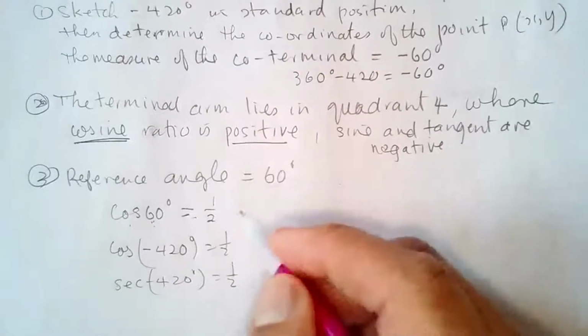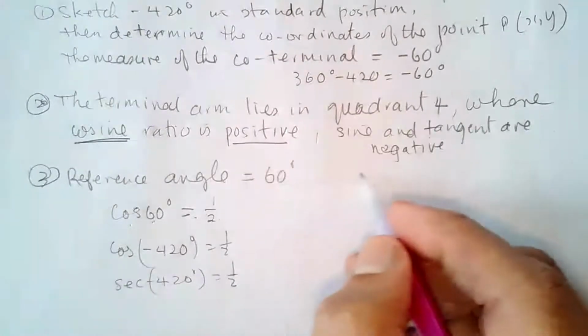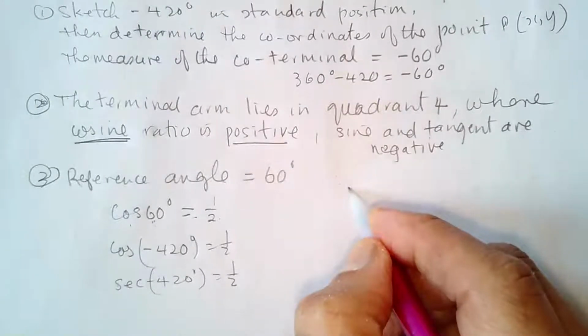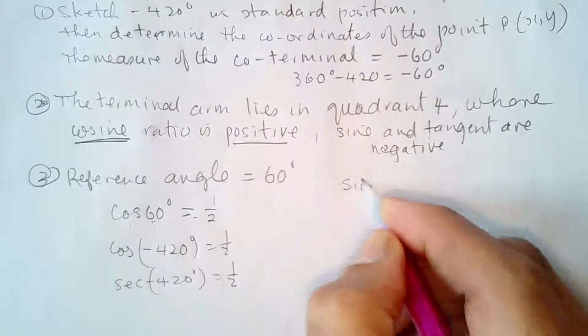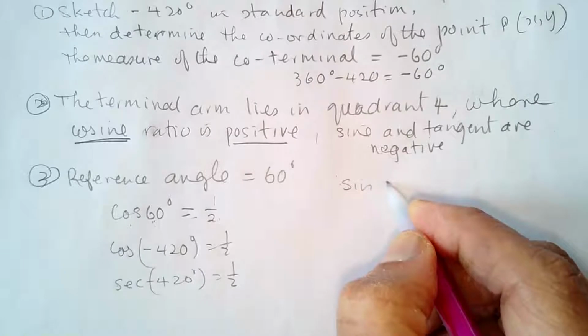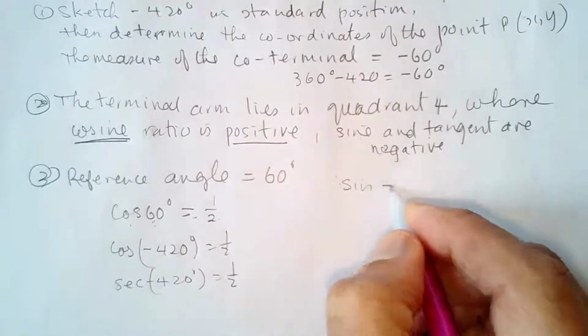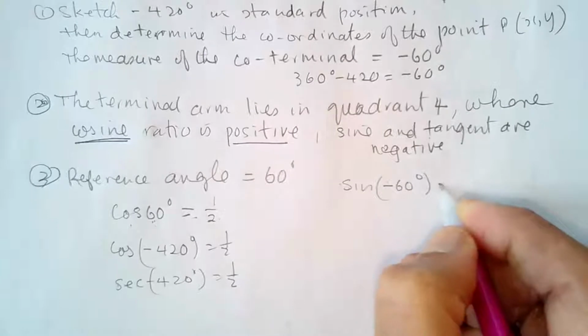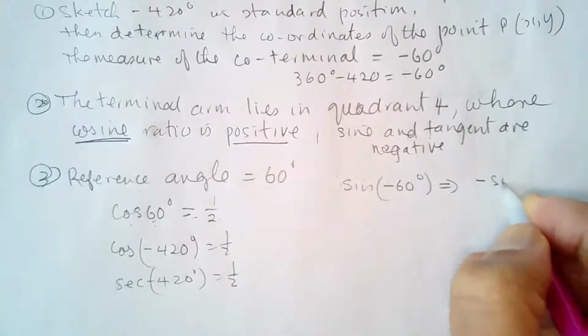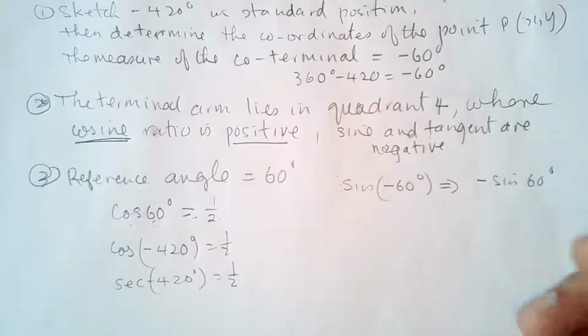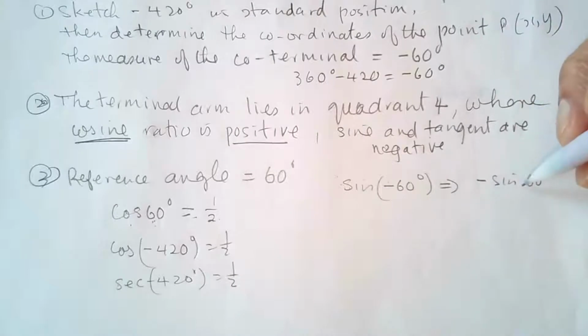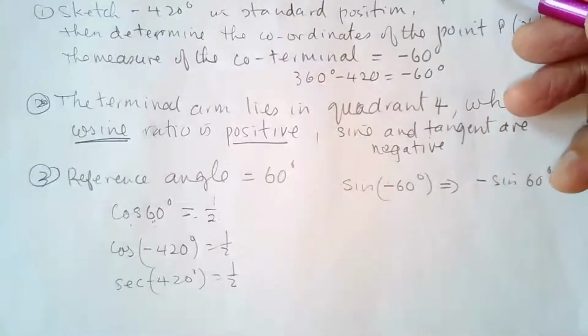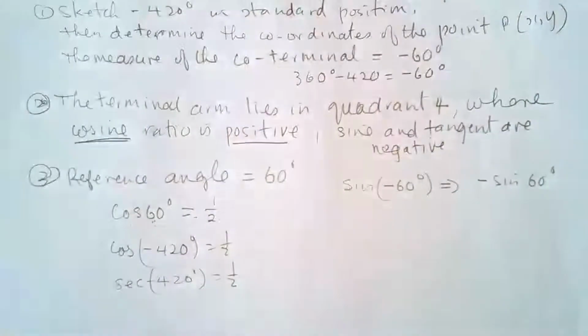Now the same thing would apply for sine. Because we have negative 60 degrees, we can write this as negative sine. Because sine here is negative, we go to our sine.